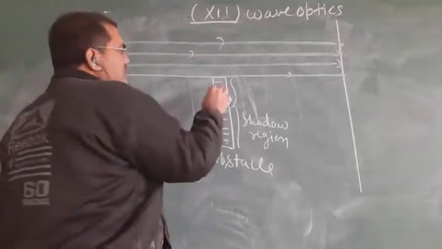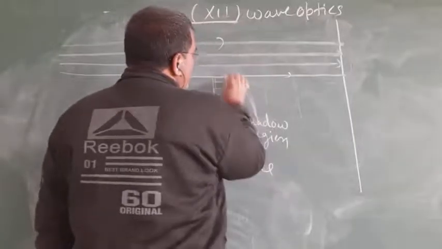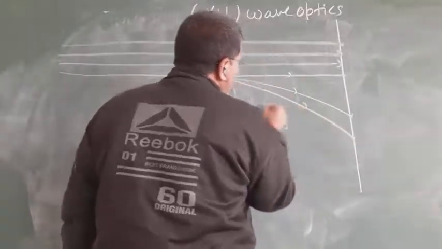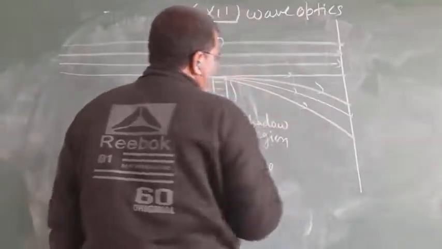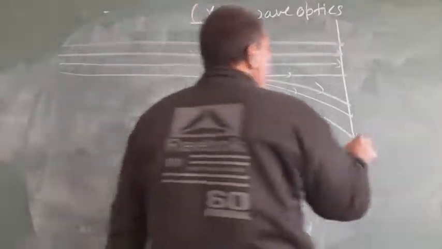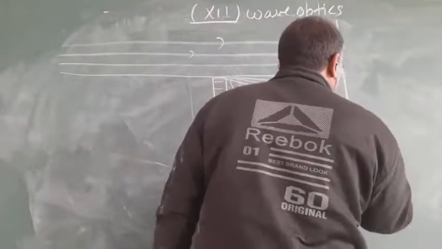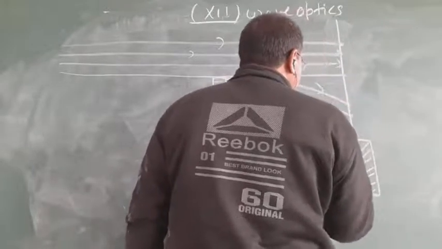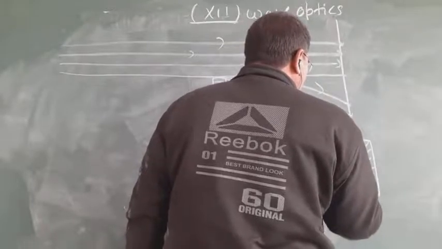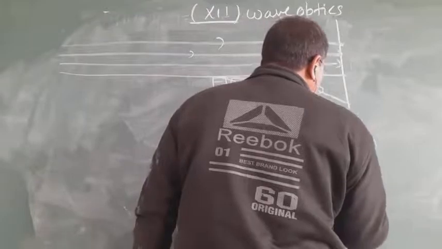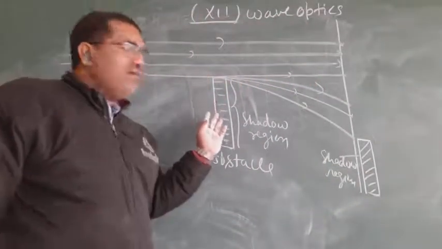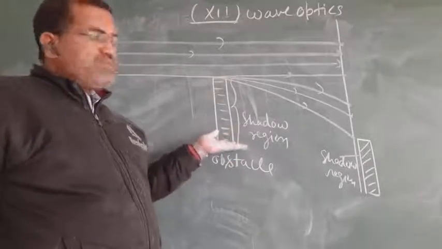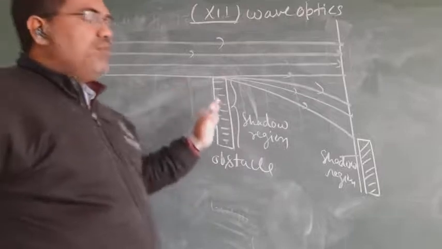So this is the shadow region, and light will flare like that into the shadow region also somewhere. So the shadow region becomes small. In reality, this will be the shadow region. It will decrease because when light strikes an obstacle, it bends towards the shadow region.